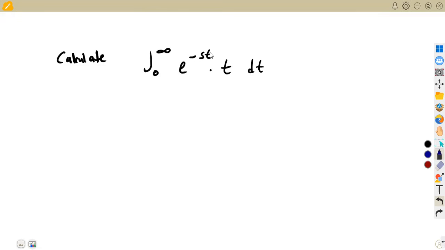Once we have this part of e to the exponent of minus st, that's a Laplace there. We are representing a Laplace. So on our Laplace, the f of t that we're talking about is this t. Remember, we're saying the Laplace of f of t is equal to the integral, so that's our f of t, this one that we have.